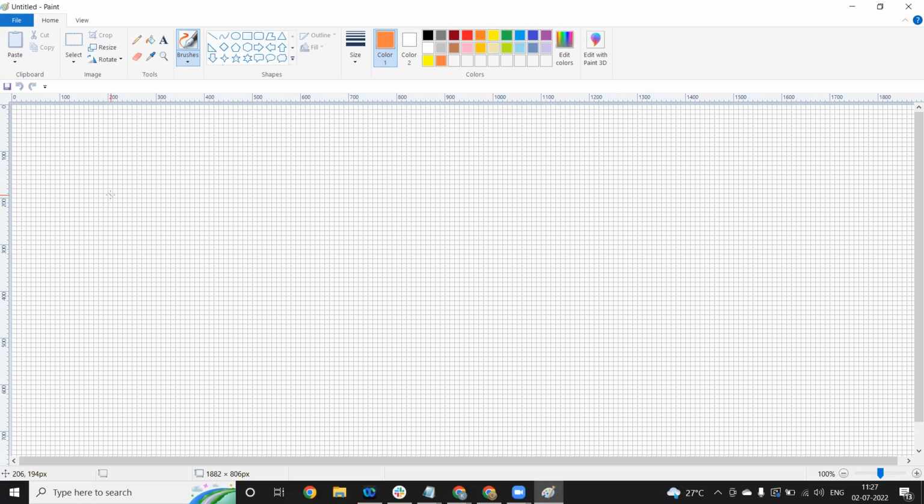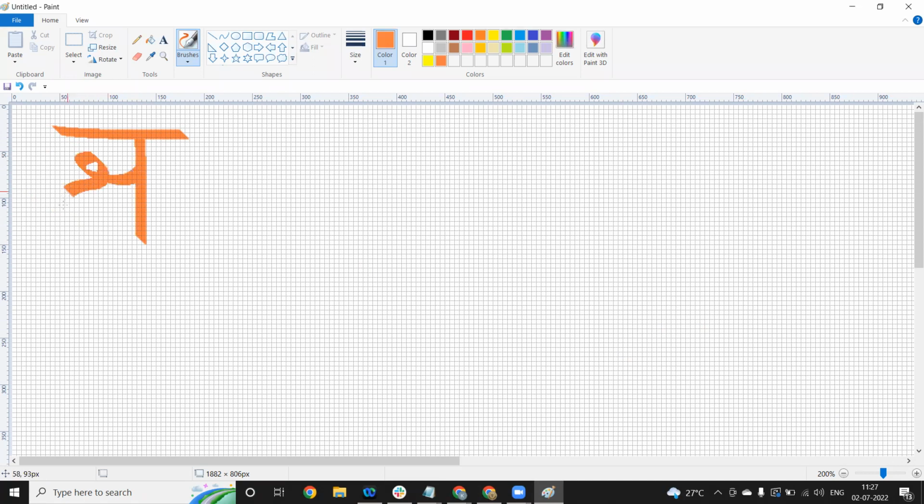So now let's see the Sanyukta Akshar, or the conjuncts. By Sanyukta Akshar, I mean the three Sanyukta Akshar that we also have in Sanskrit. That is Ksha, Tra, and Gya.